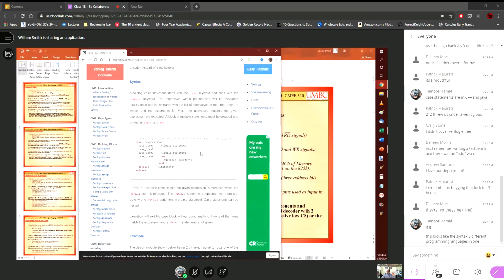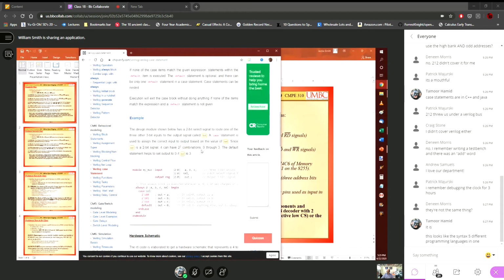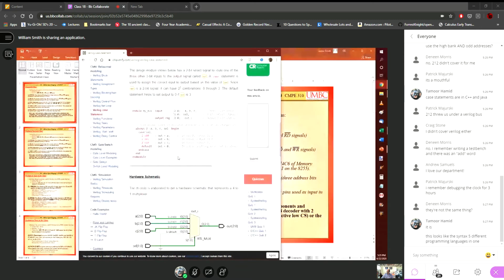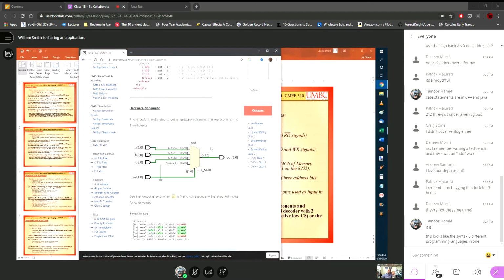Okay, so there's exactly how the case statement is done. Out equals A, out equals B, out equals C. You might want to do this a little bit different, though. That's how you do a mux. You guys are looking for a demux.